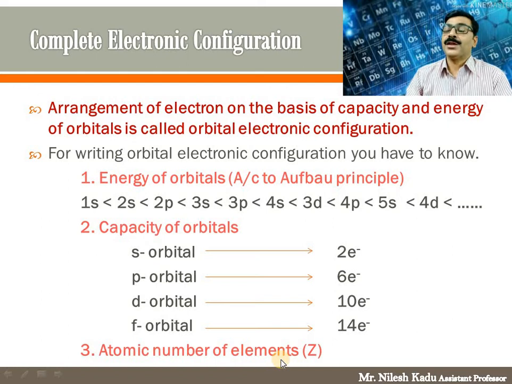And if you remember all these three things, then you can easily write the orbital or complete electronic configuration. First thing, you have to know the energy of orbital, and it is according to the Aufbau principle or n plus l rule. Then second, you have to know the capacity of orbital, and third, you have to know the atomic number of elements.